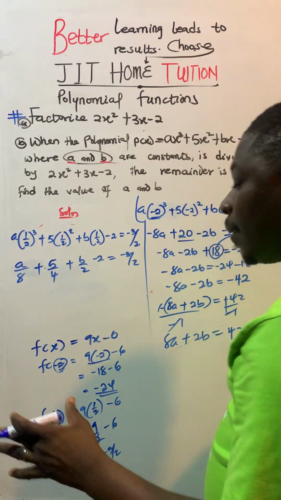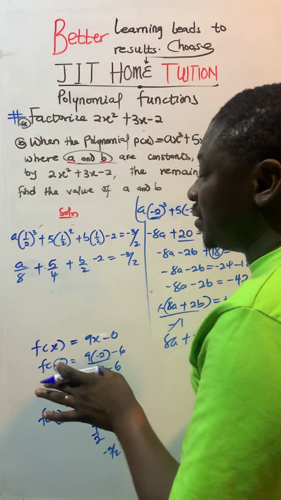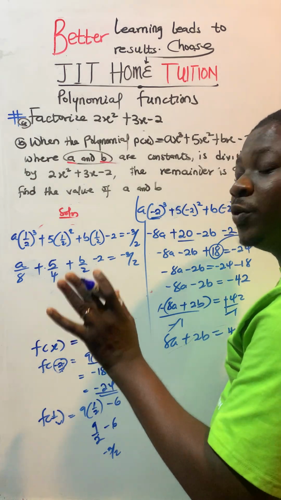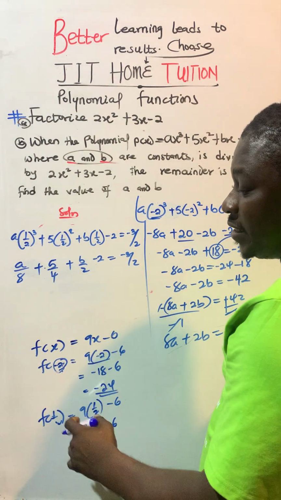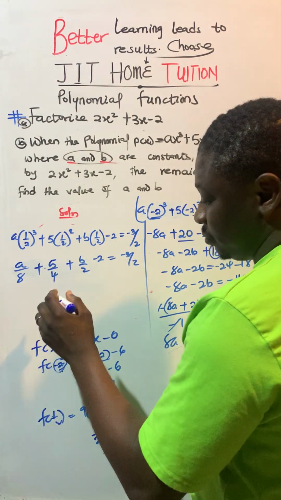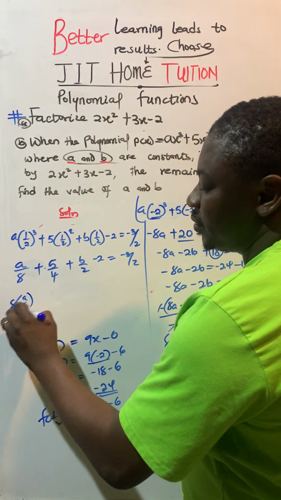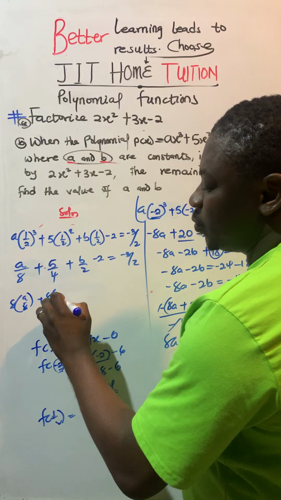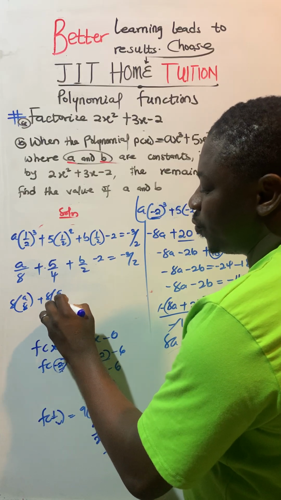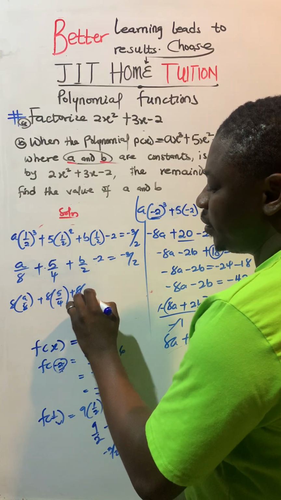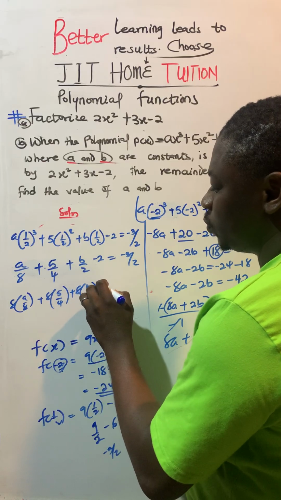So from here, what we are going to do is to find the LCM and multiply through by each term. So in this case, the LCM is what? 8. So you have 8 multiplying a/8 plus 8 multiplying 5/4 plus 8 multiplying b/2.